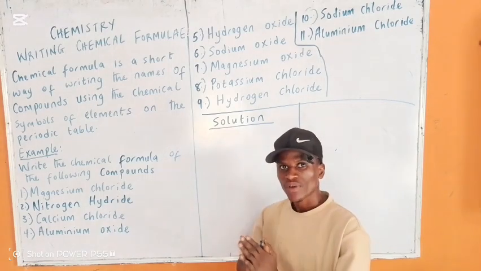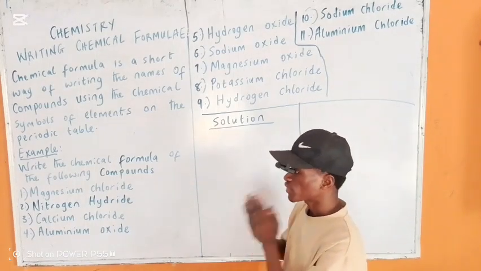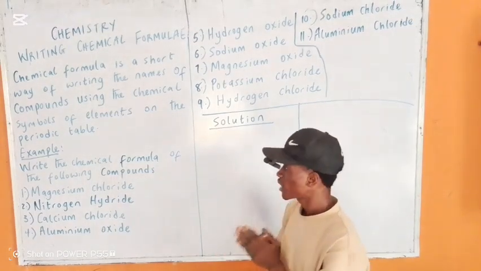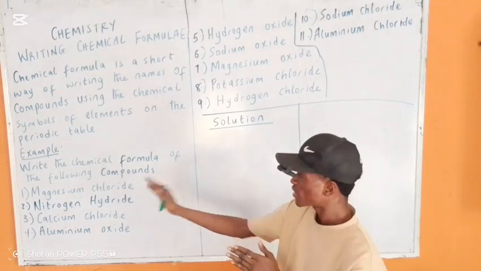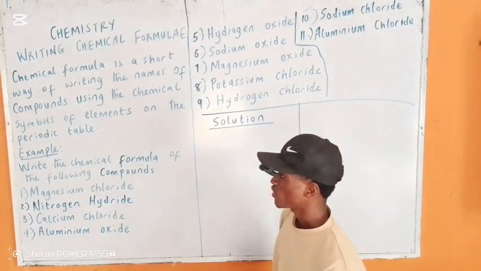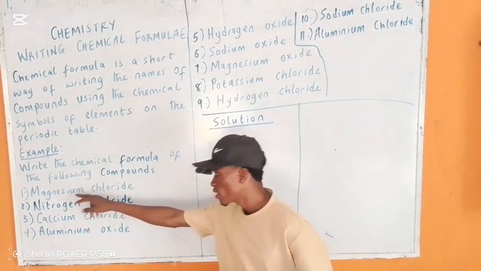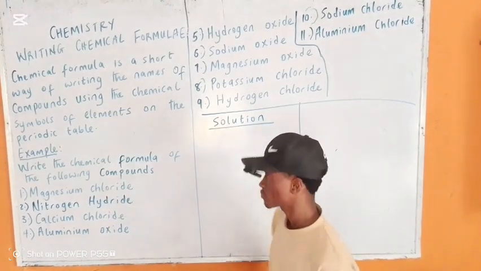So you have to identify the elements present in the compound. Now, number 1, we have magnesium chloride. In this compound here, we have 2 elements, which are magnesium and chlorine.